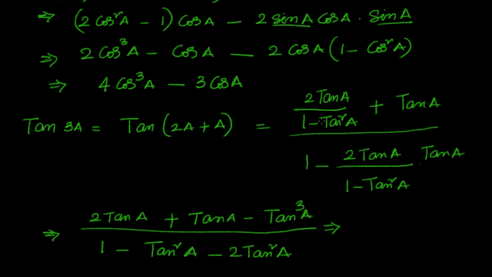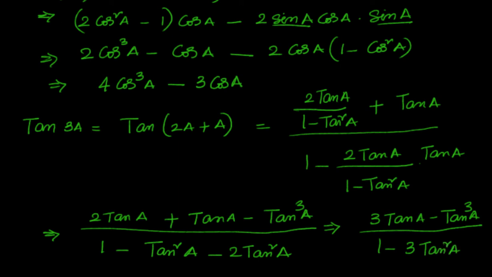They both are there, right? This becomes 3 tan A minus tan cube A by 1 minus 3 tan square A.